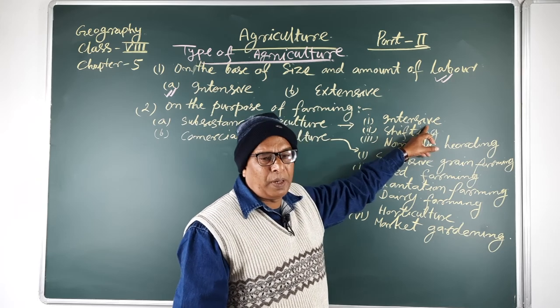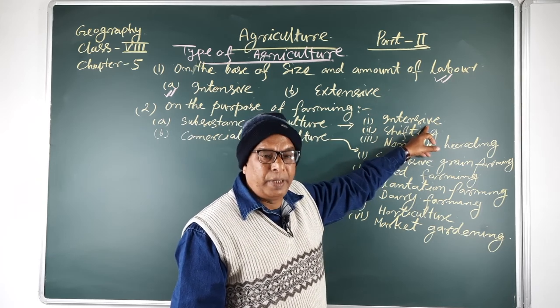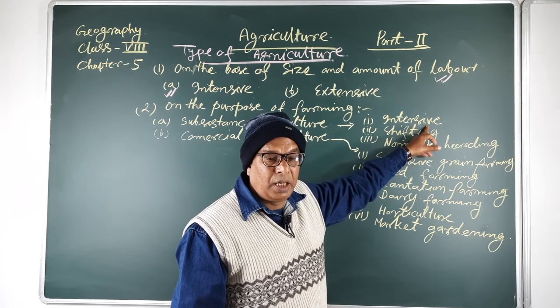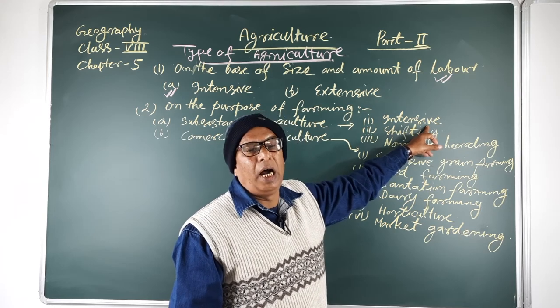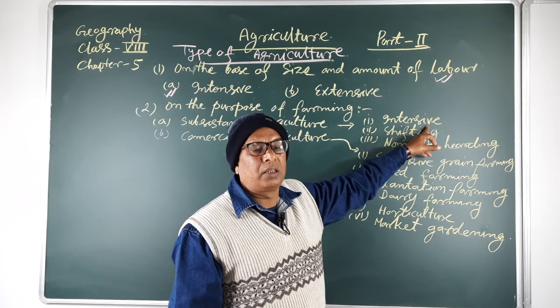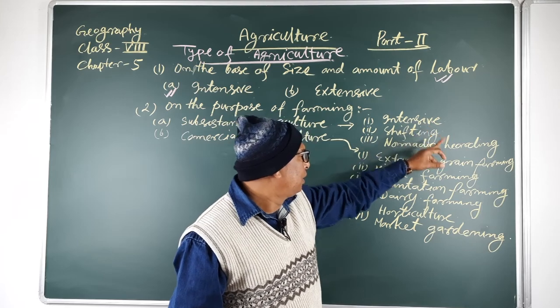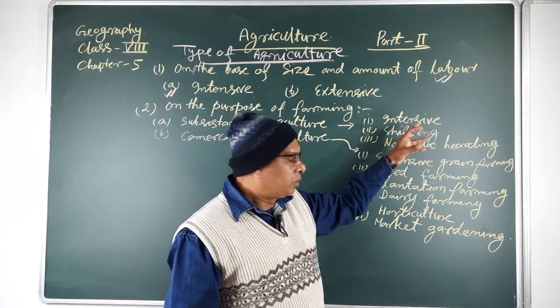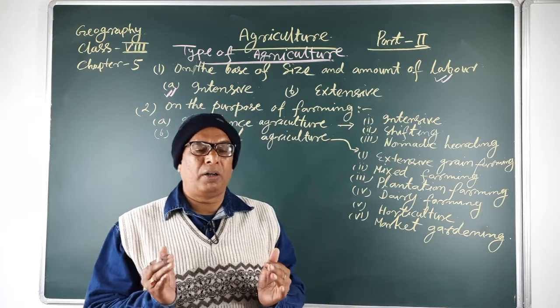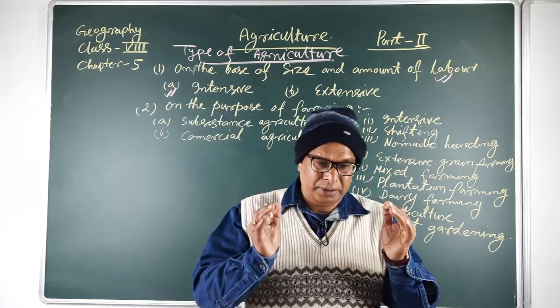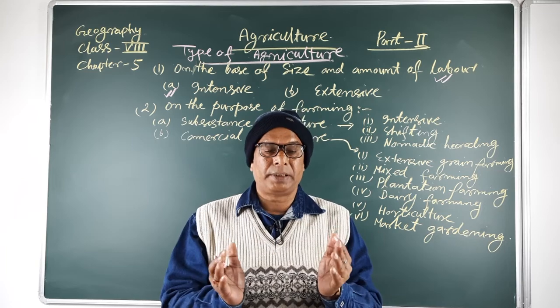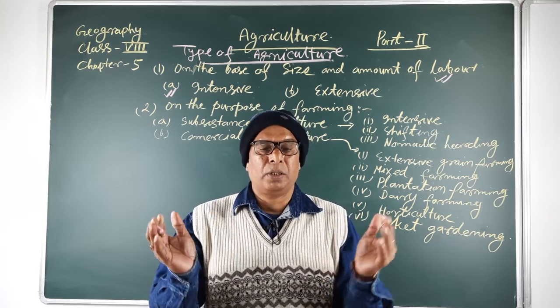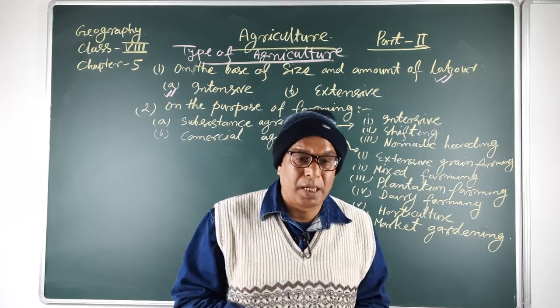Intensive agricultural farming is practiced in plain regions where a high, very dense population lives. Therefore, a small agricultural farm is divided among the people or family members.